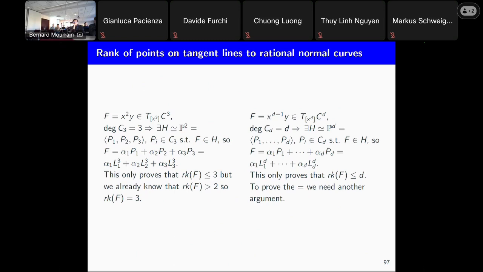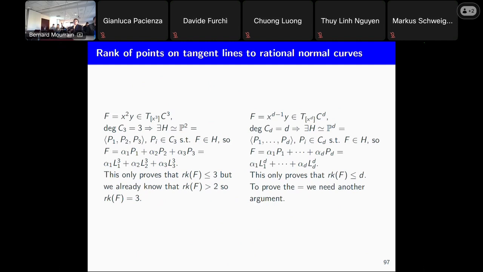These 3 points are independent. And so the rank of my W tensor is at most 3. Okay? We already knew that it was bigger than 2 because via the catalecticant, I didn't find 2 distinct solutions when I should have found them, so I knew that the rank was not 2. This argument tells that it's at most 3, and so it's 3.